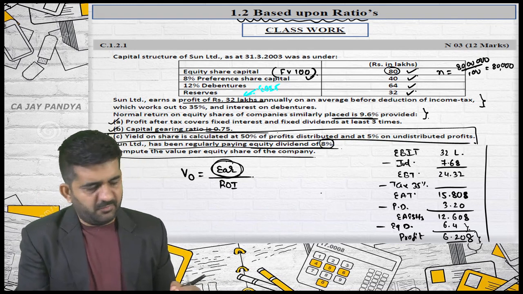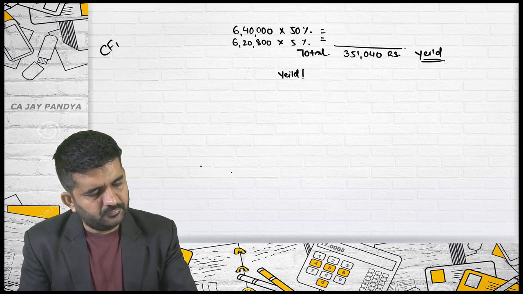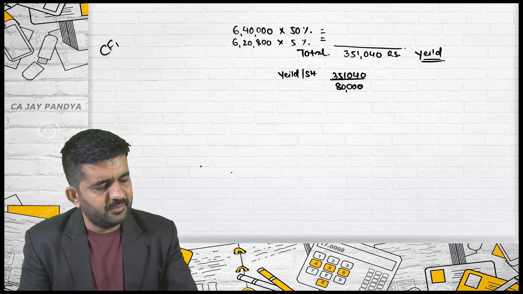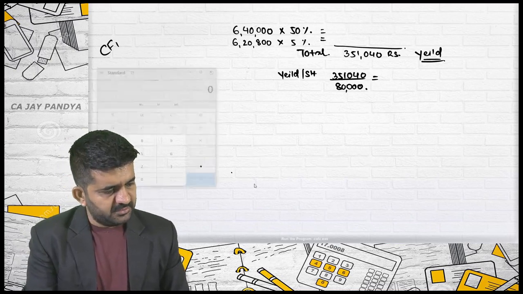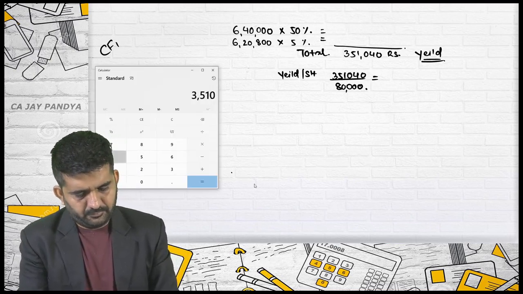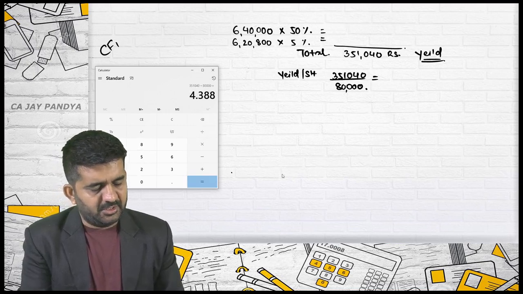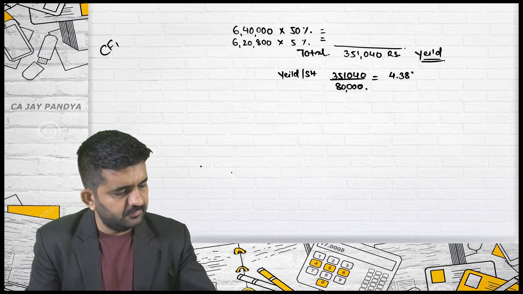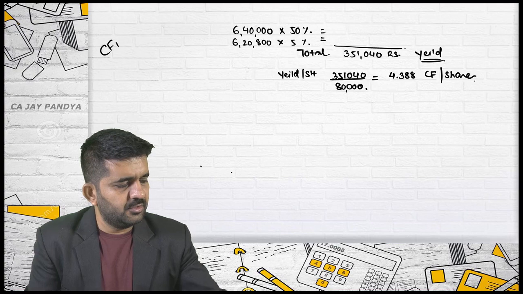So 80,000 will be number of shares and yield per share will be 3,51,040 rupees divided by 80,000, which is 4.388. That will be cash flow per share.